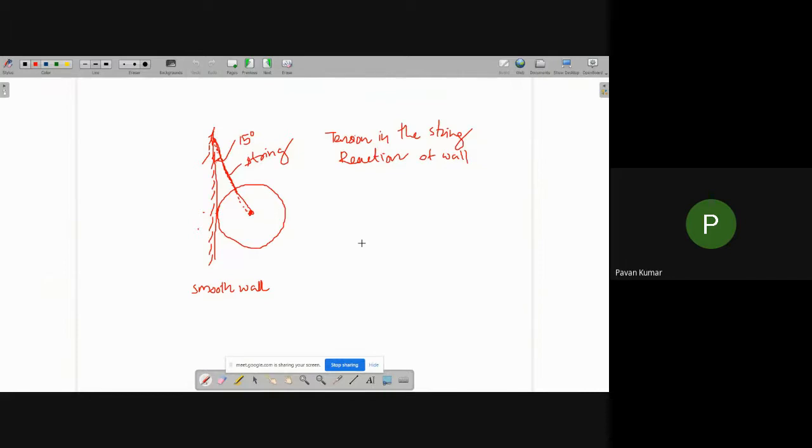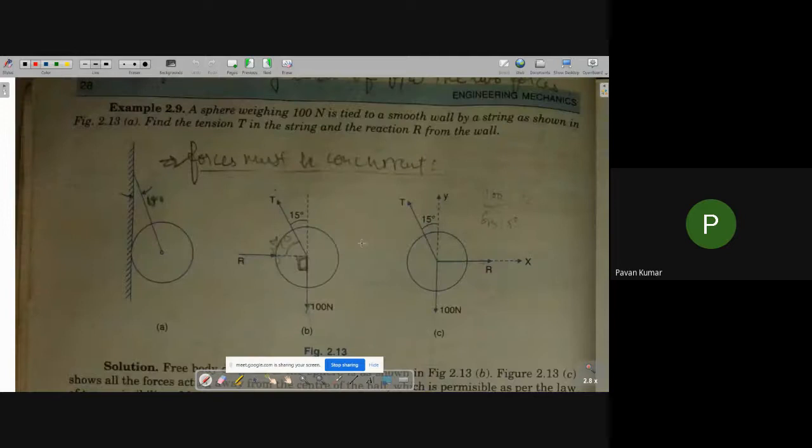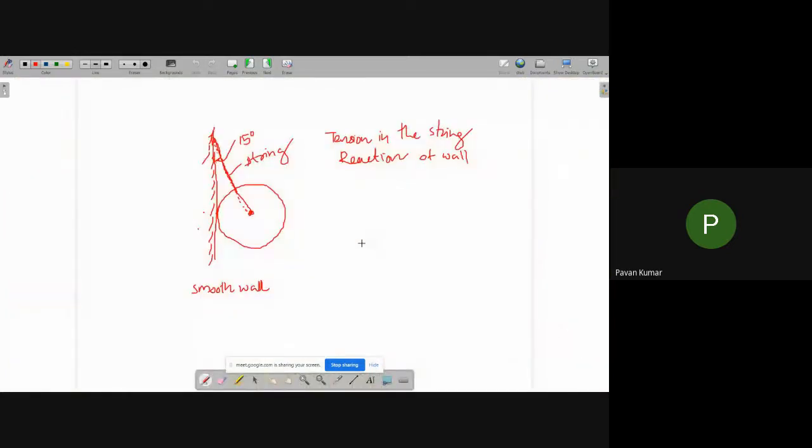In the last class I said that it is in the equilibrium condition. So I already told you that from now onwards, in any problem, we have to draw the free body diagram. Okay.